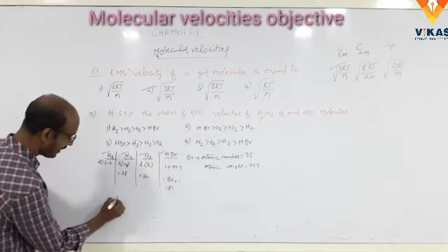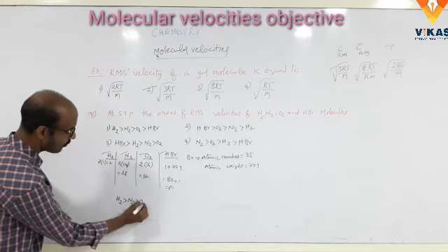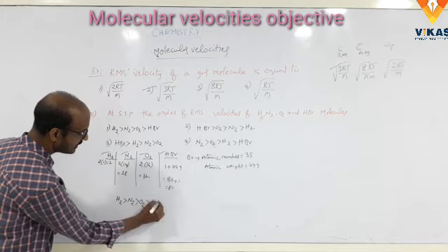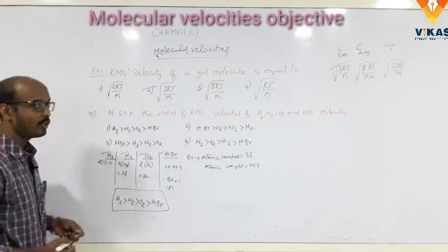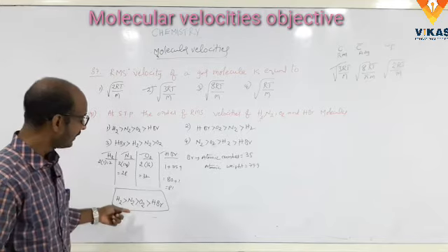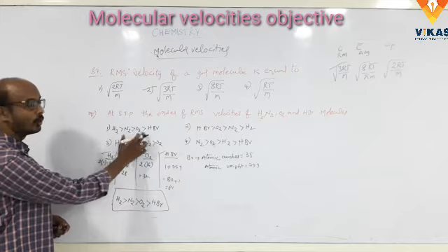So what is the order? H2 is greater than N2 is greater than O2 is greater than HBr. This is the correct order for the four gases H2, N2, O2, HBr. So the answer is there in the four options, that is H2, N2, O2, HBr.